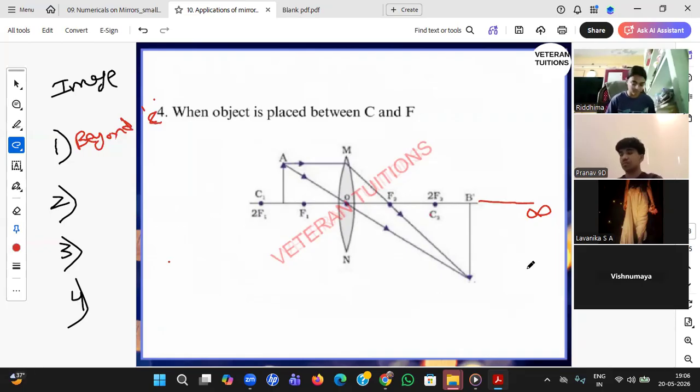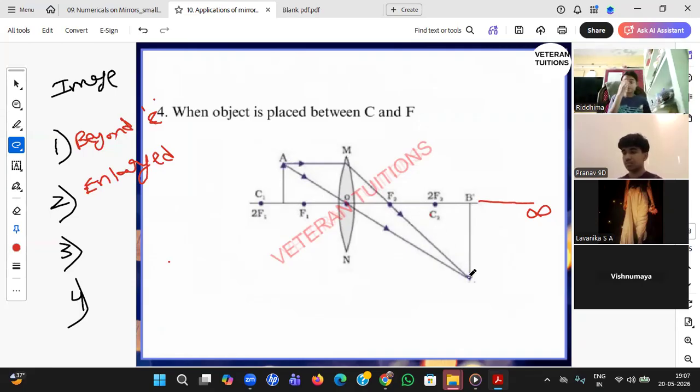Okay, so that is location. And what is the size, beta? Is it enlarged or diminished? This is the object, this is the image. Sir, enlarged. And is it virtual or real? Real. Okay, students, a real ray came, real rays intersected, a real intersection is happening.